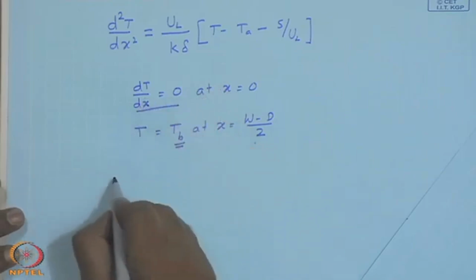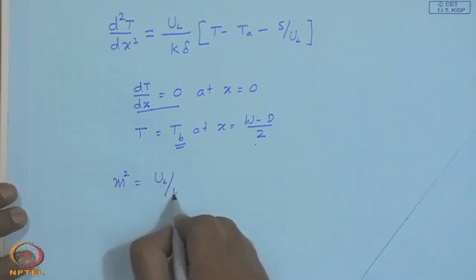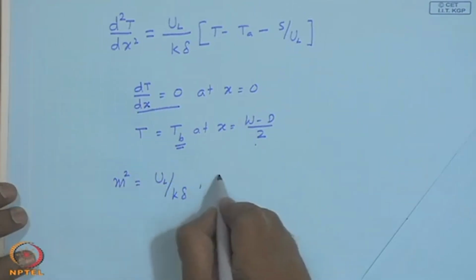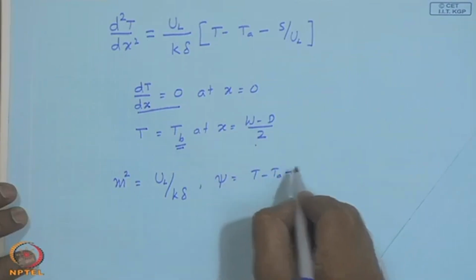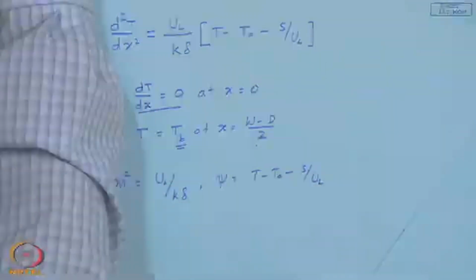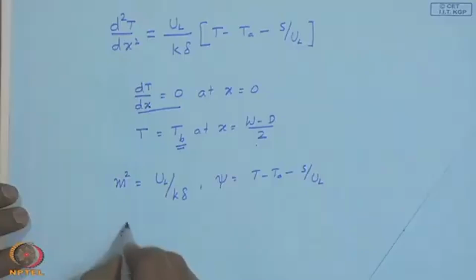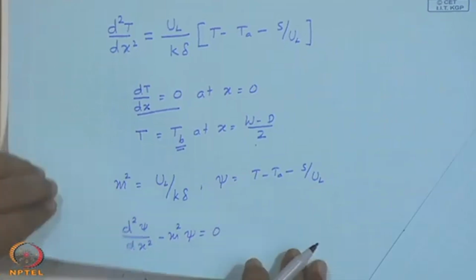If you introduce m squared equal to U L upon k delta and psi equal to T minus T A minus S upon U L, this becomes a simpler equation, with the boundary conditions in terms of psi.